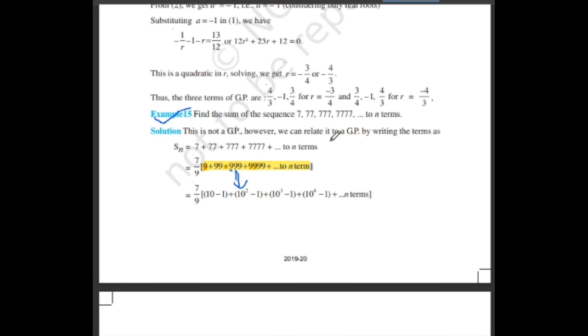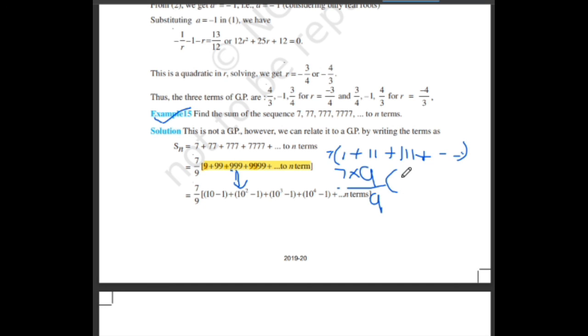So what did you basically do here? You took 7 common, and here you were left with 1 plus 11, just like this. And then what did you do? You just multiplied here by 9. But when you are multiplying, you have to divide also.